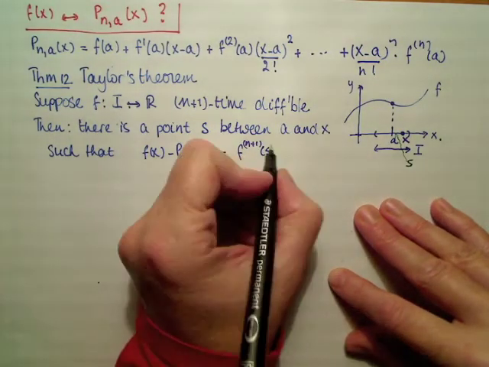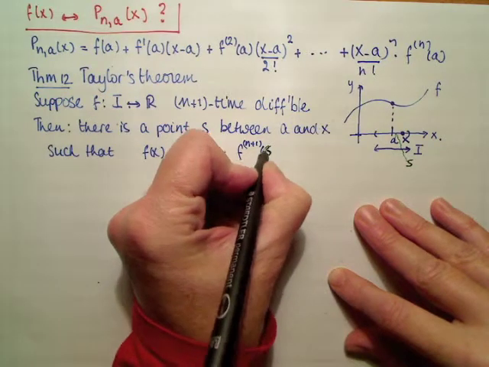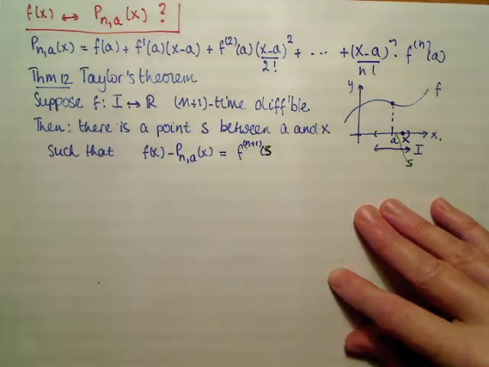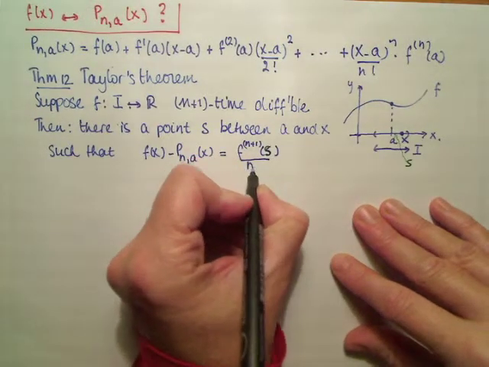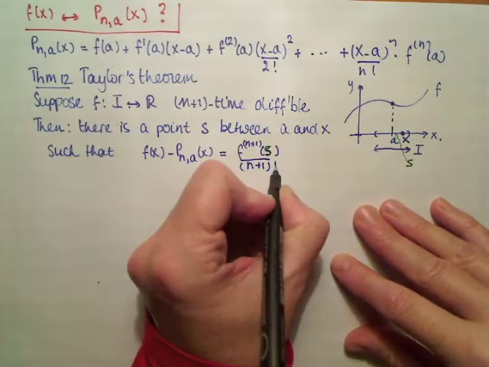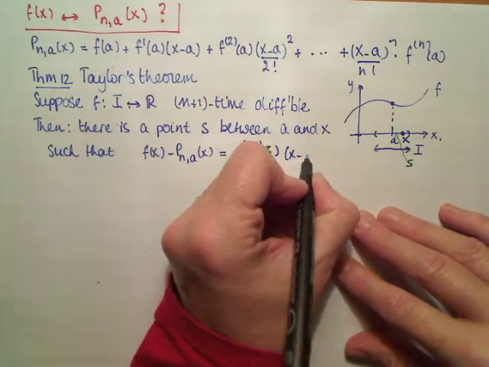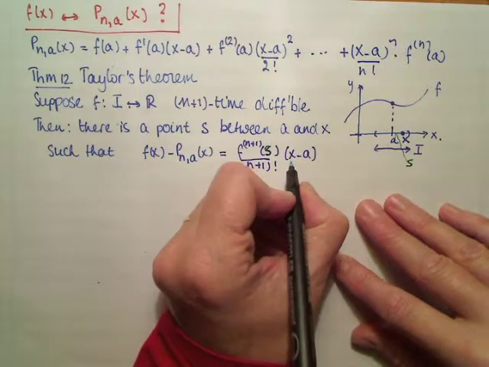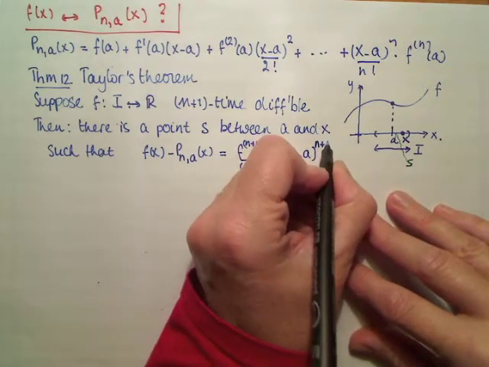Maybe it's better to put it in green. And the rest of the expressions are similar as before. We divide by n plus 1 factorial, and we multiply with the difference of our point of interest x and the base point a to the power n plus 1.